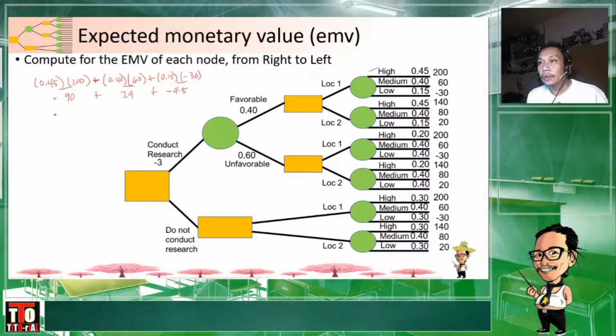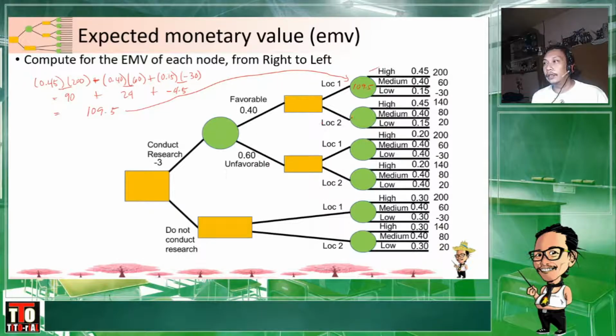So, ang EMV natin for this one is 90 plus 24 plus negative 4.5 is 109.5. Okay, 109.5. So, ilalagay natin si 109.5 dito. So, ang EMV natin for location 1 is 109.5. Ayan. Para malinaw. Okay?